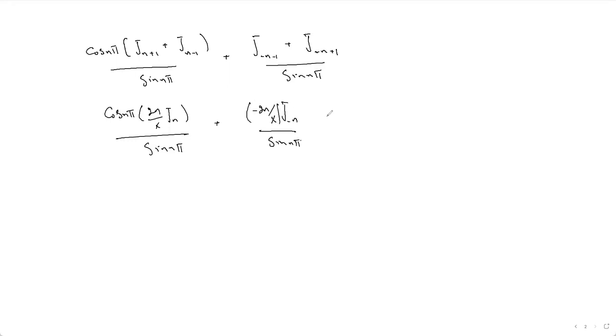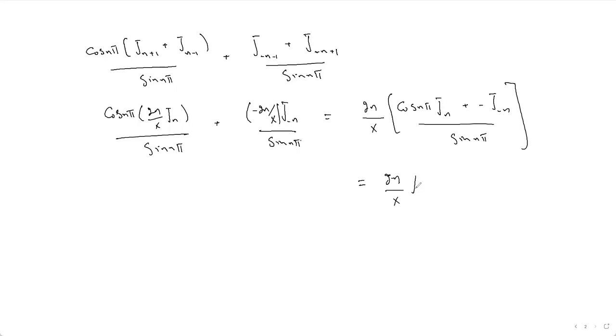Okay, or you can write this as, if I take 2n by x outside, so we will have cos of n pi J n plus minus J minus n divided by sine of n pi, and you know that this is equal to 2n by x Y n of x. So this was the first recurrence relation, right? That is Y n minus 1 of x plus Y n plus 1 of x is equal to this thing. So this is the first.